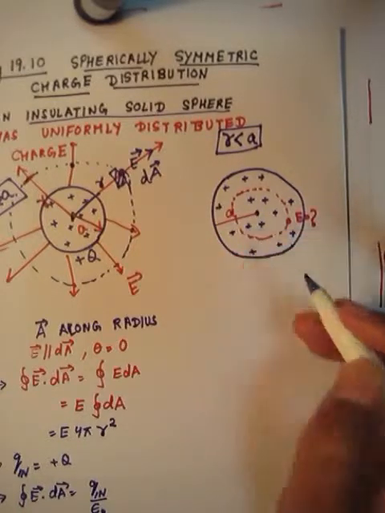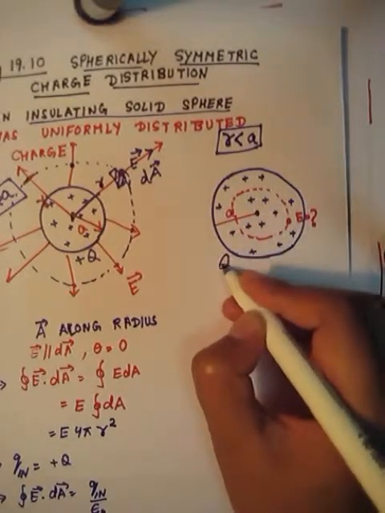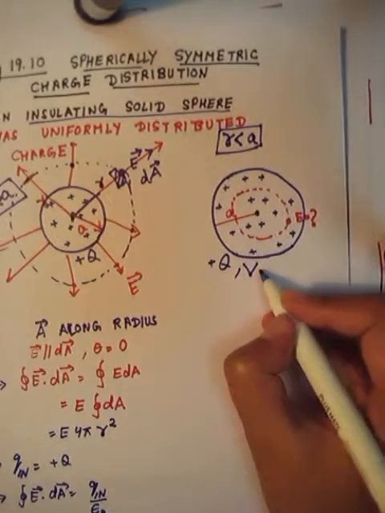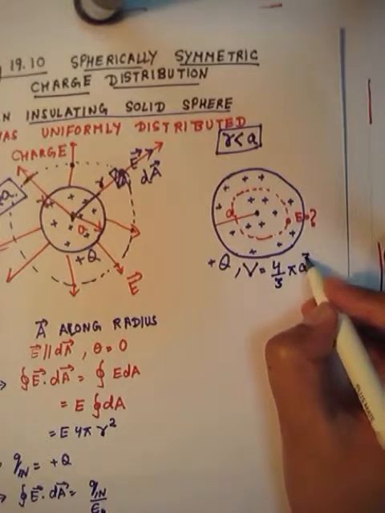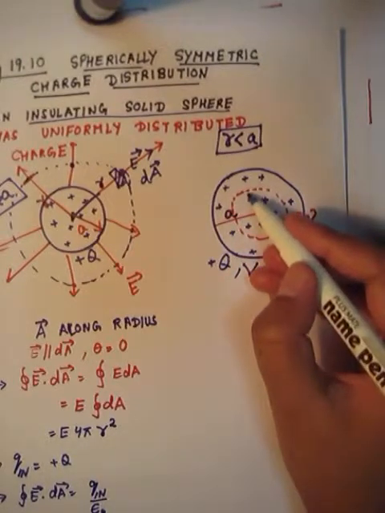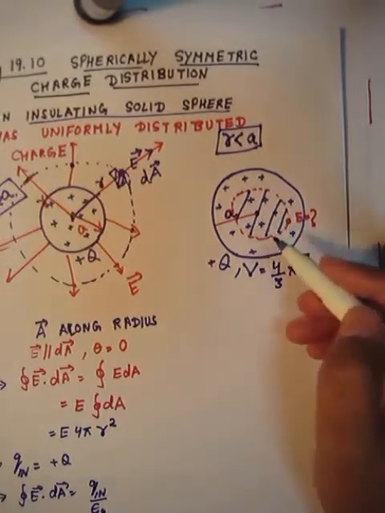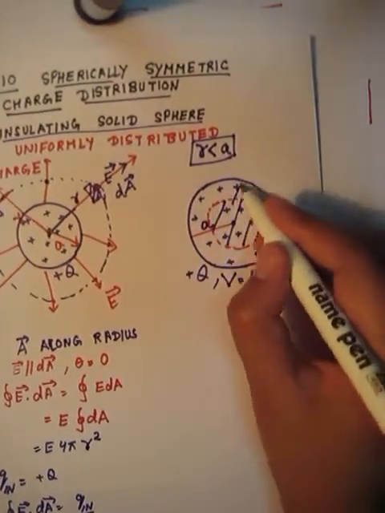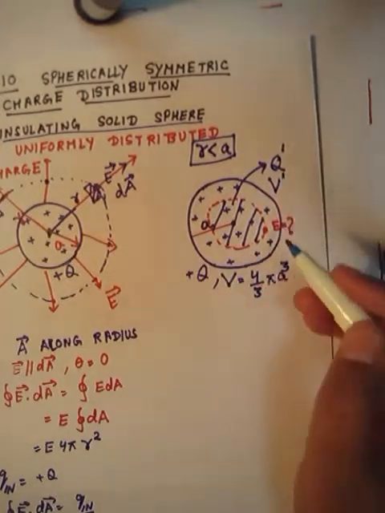The only difference is that the total charge on this sphere is capital Q, which we already know, and it has a volume of V. The volume of this sphere will be 4 upon 3 pi A cube, because it has a radius of A. But now we are talking about this smaller volume, and it has some other charge and some other volume. So we say that it has a charge of Q dash and a volume of V dash.